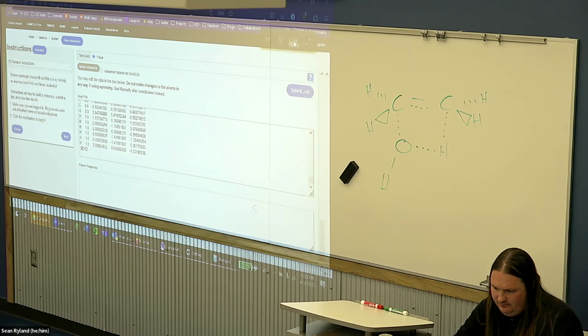All right, and then as far as your final results, some of these other ones, we can actually find, let's see, these are in wave numbers, I believe. So we should have one that looks like, so those are your carbon hydrogen bonds, your sp2 carbon hydrogen bonds.